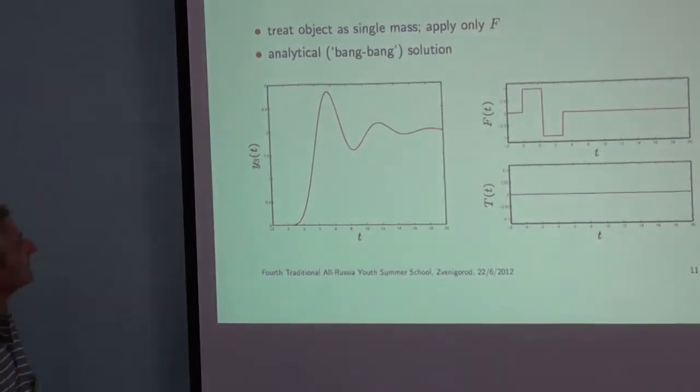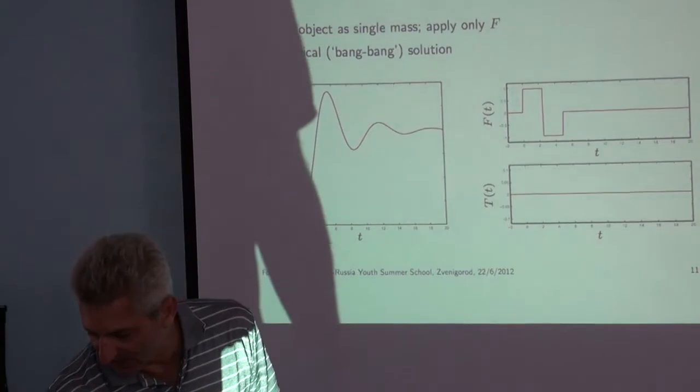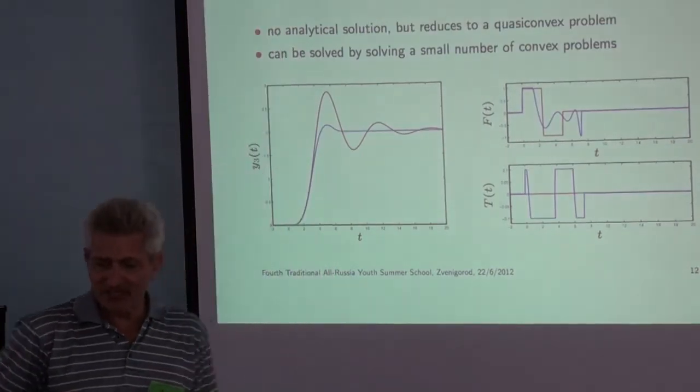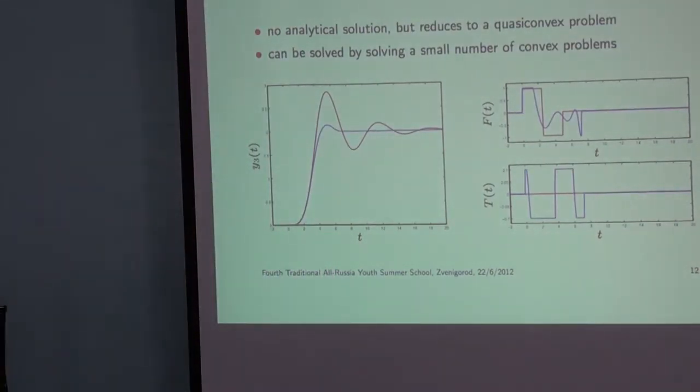In fact, the problem is a linear program, or really a quasi-convex problem, but it involves linear programming, and it's extremely straightforward to do. The blue shows you the solution. Here's the optimal tension, that little vibration suppression, and that's the main force, right?